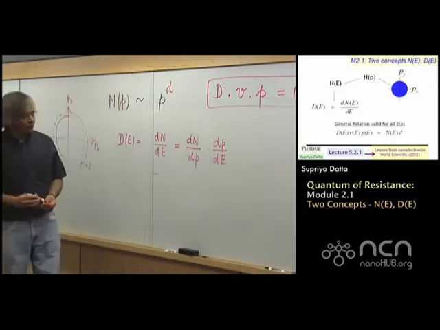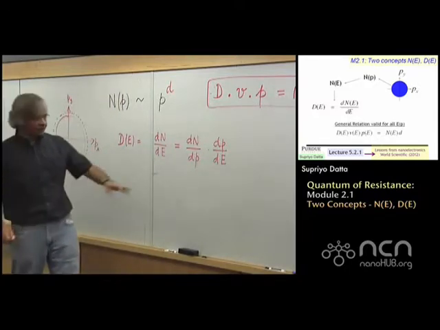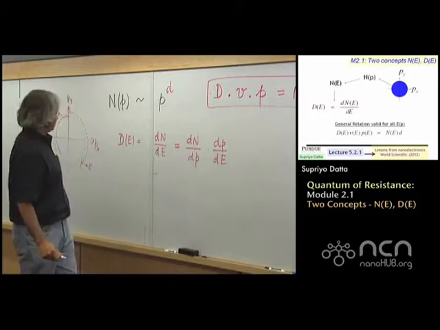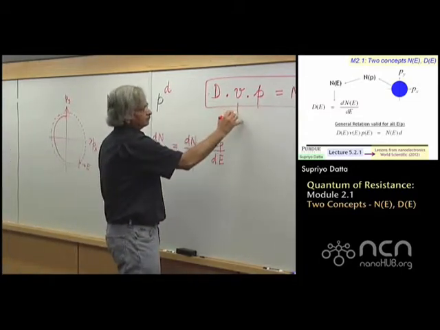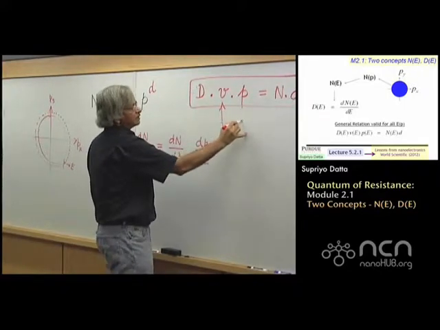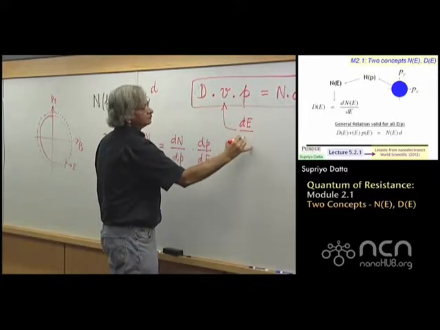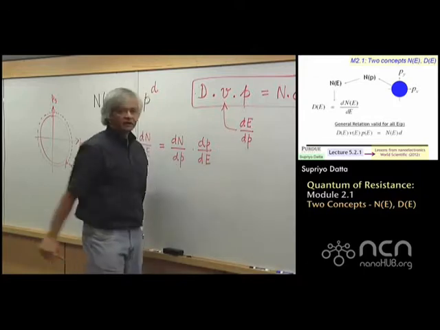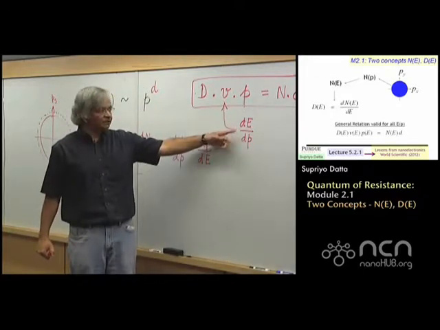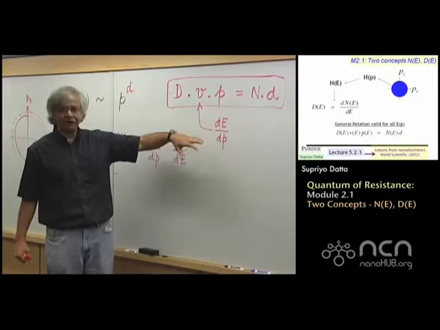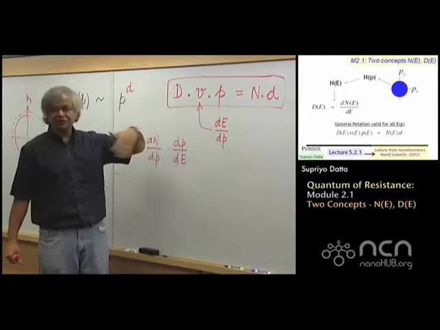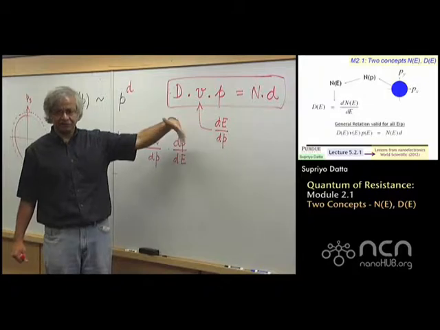Now, one general relation that will be useful will come up later also, and that is that the definition of velocity is dE dP. Again, you can check this works easily if E is P square over 2m. That is the usual case.